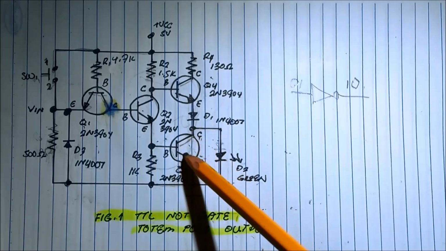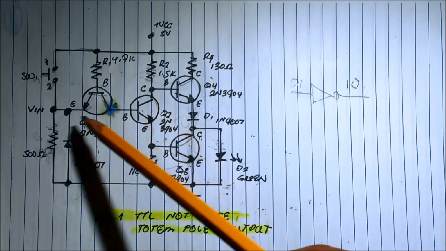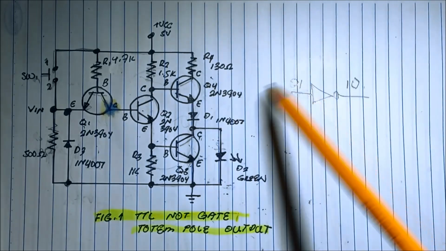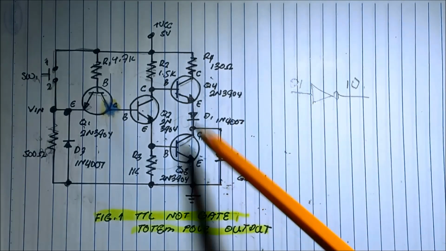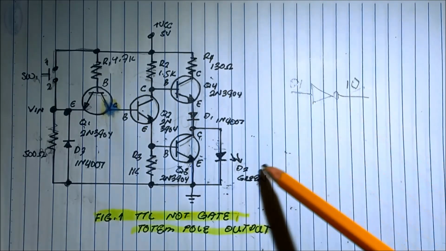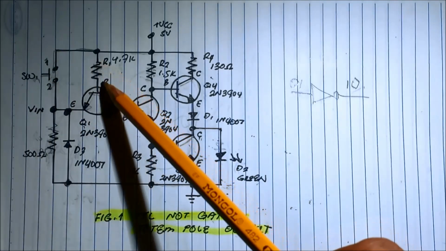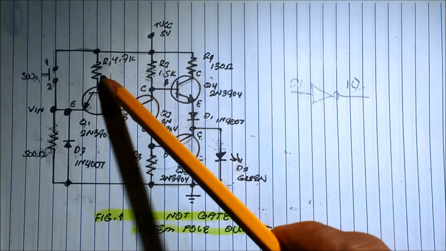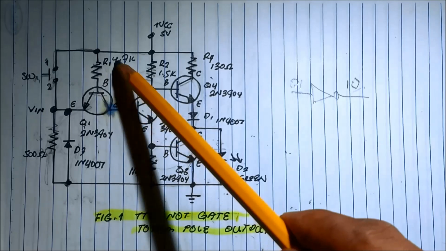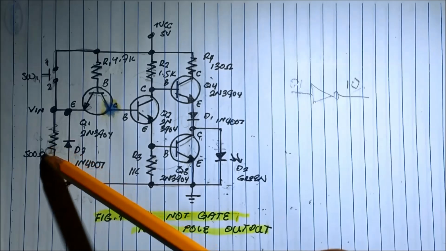Transistor also here, and the transistor in the middle. When there's no input, 0, there is an output or LED turns on, because when we trace the current, okay, the current flows into the base of this transistor and to the ground, from R1 to base to emitter, then to the 500 ohms.